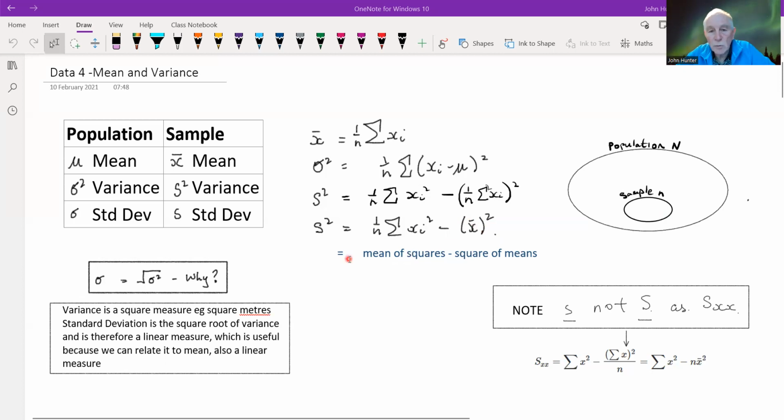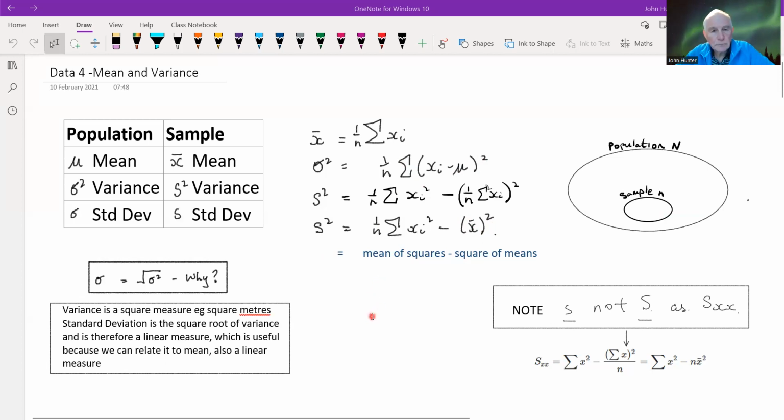So the variance we can think of as being the mean of the squares minus the square of the mean, and this form is what we normally use. We might revert to doing it the other way if we use a spreadsheet or something like that, but this is normally what we tend to use. It's the most convenient for most purposes.